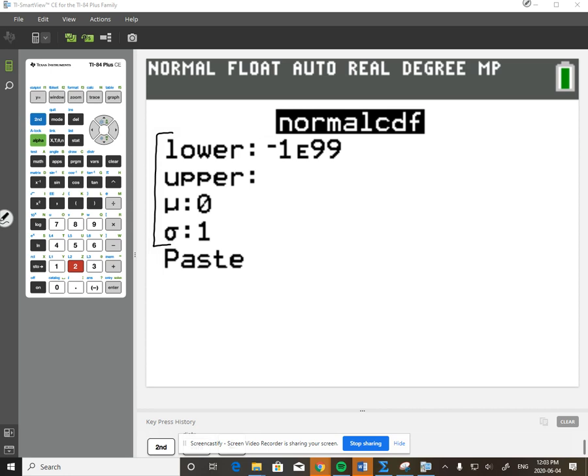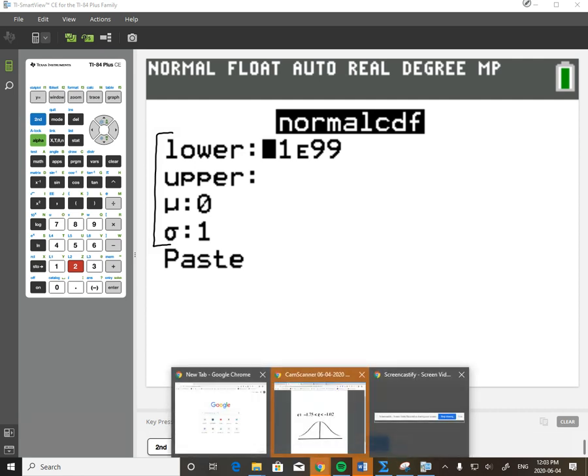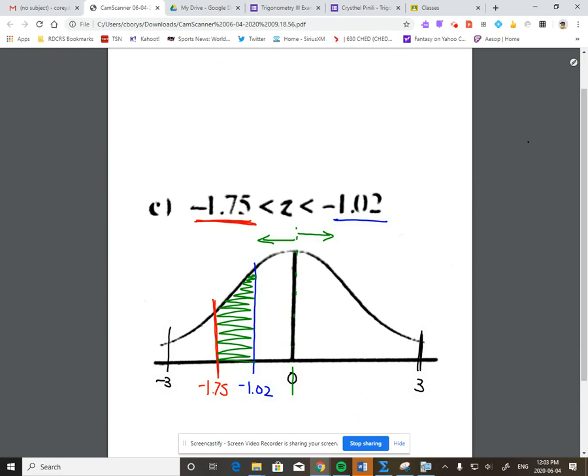The lower limit is the limit that we want to look at. In this case, it's this limit right here. This is my lower limit. And similarly, this is my upper limit. My lower limit and my upper limit are defined by what was given to me earlier, negative 1.75 and negative 1.02.